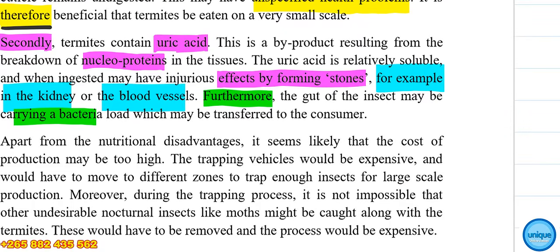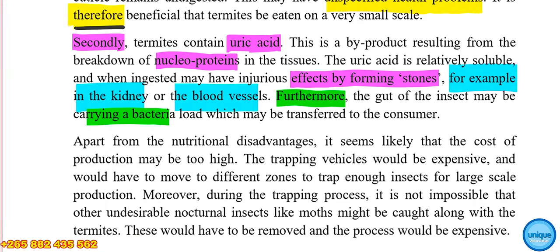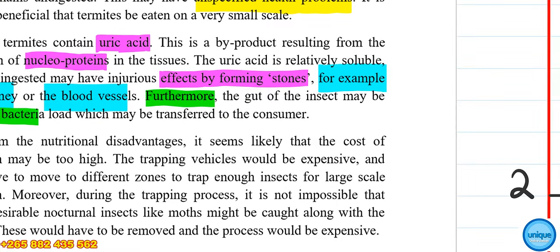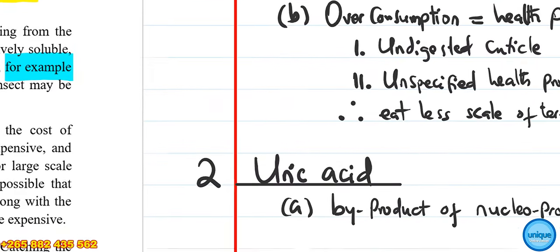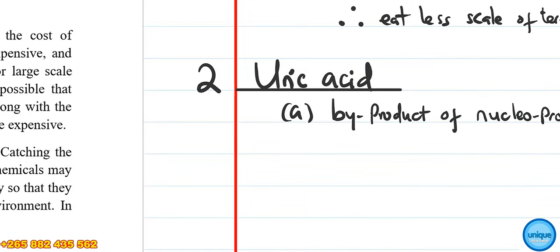So now this uric acid is relatively soluble and when ingested may have effects forming stones. So forming stones, that's another supporting point. So we can put here this byproduct forms stones. You see, it forms stones.